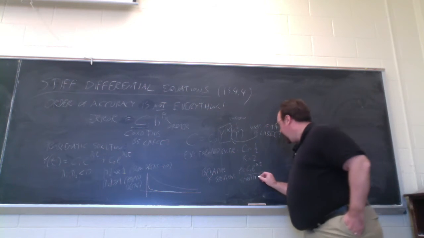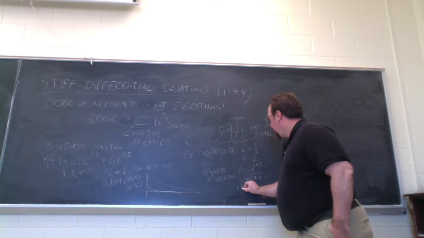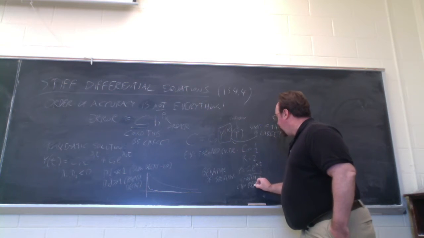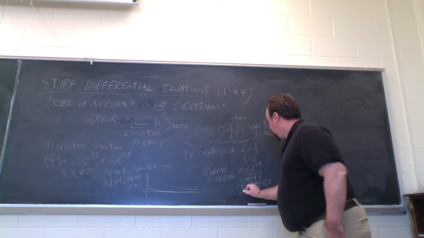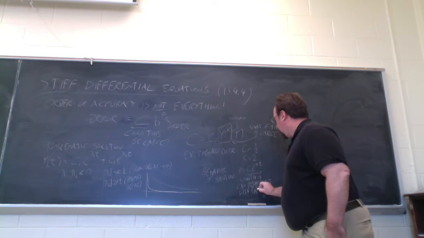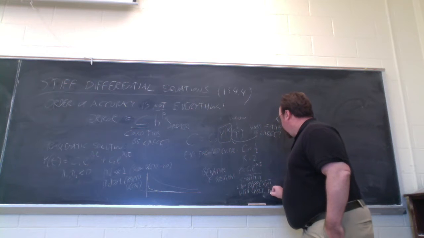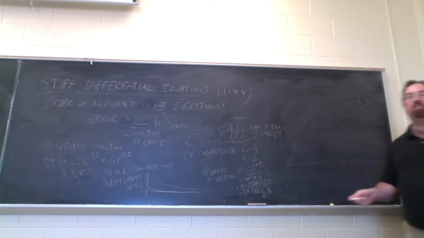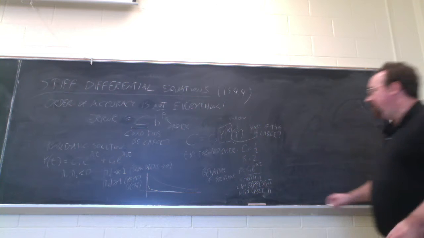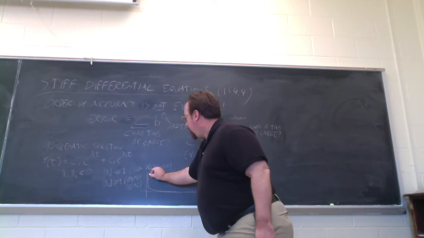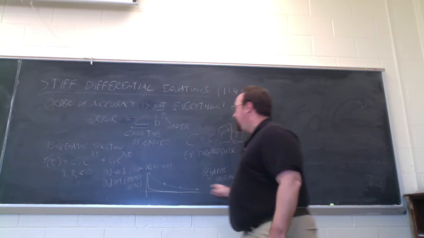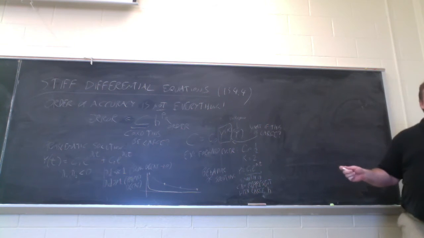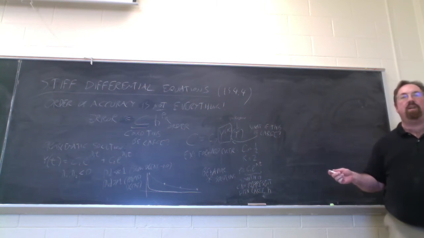That means it's possible to represent this with a relatively large step size, h. Because you can evaluate it here, here, here, here, connect the dots, and that captures your solution quite well.